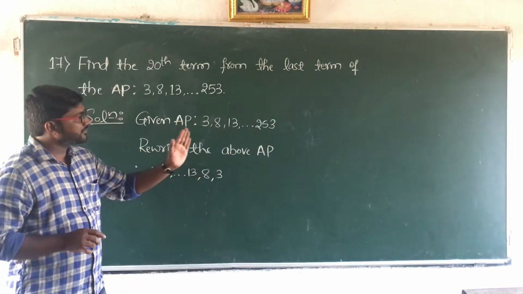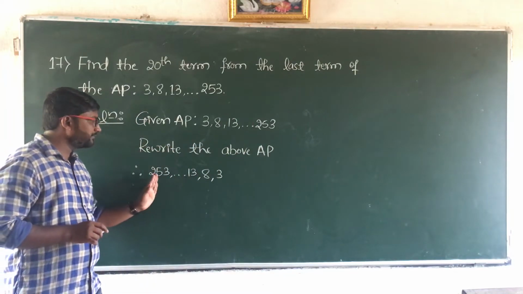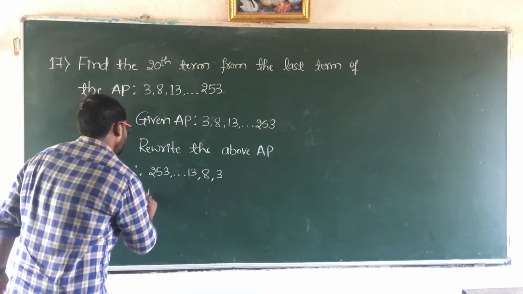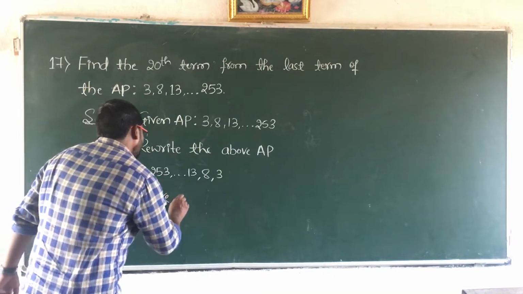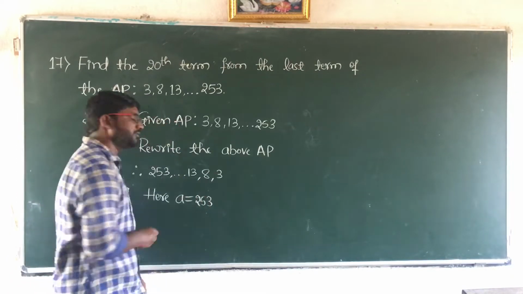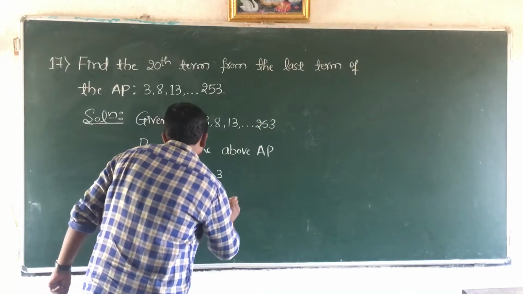Now we have to find the 20th term from the last term. So here, for this particular AP, A is equal to 253. Then what is D here?